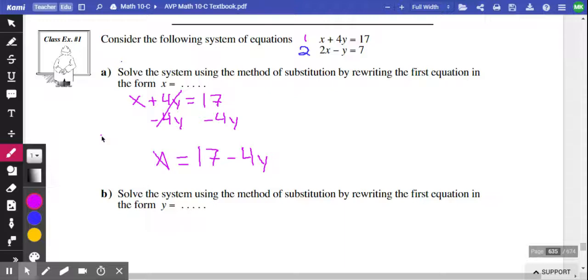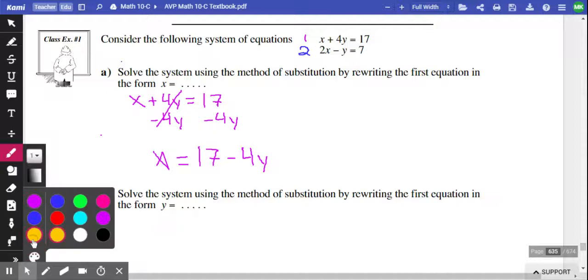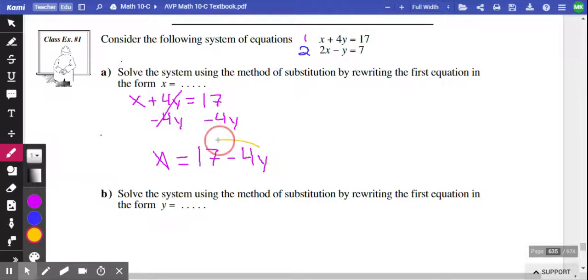Okay. So the reason getting one of the letters is beneficial is that in a system of equations, we're trying to figure out where x is the same in both lines and y is the same in both lines, right? Like the same point. That means if this x equals 17 minus 4y, then this x in the other equation should also equal 17 minus 4y.